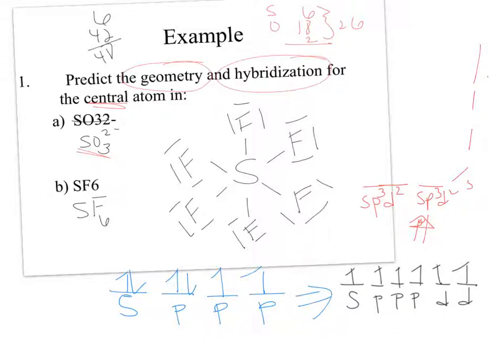Each one will have 1 electron, and when they bond, each one will get one of fluorine's electrons that will overlap. The black electrons are coming from fluorine. That's overlapping its p orbital with this sp3d2. So the hybridization here is sp3d2. The shape is octahedral.